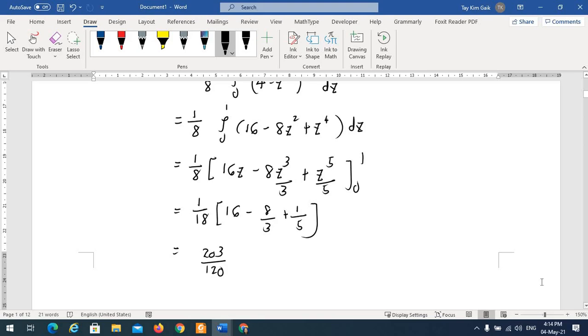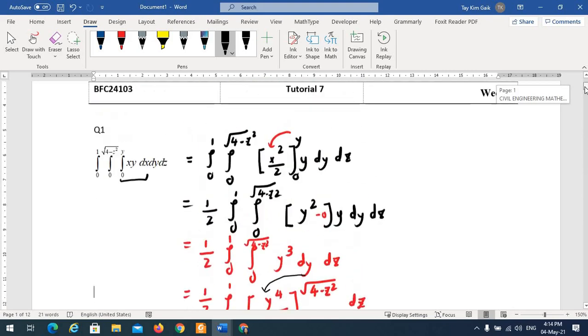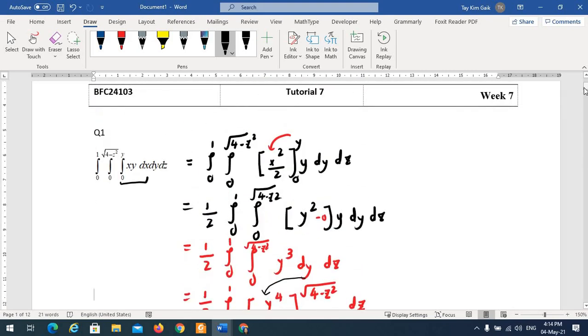So this is a direct question where you don't need to sketch the graph or think about the limits, you just need to concentrate on your integrations. Any questions for question 1, tutorial 7?